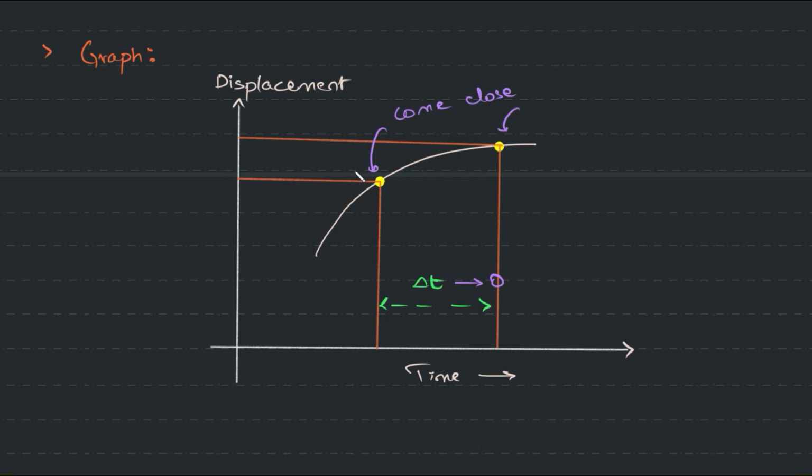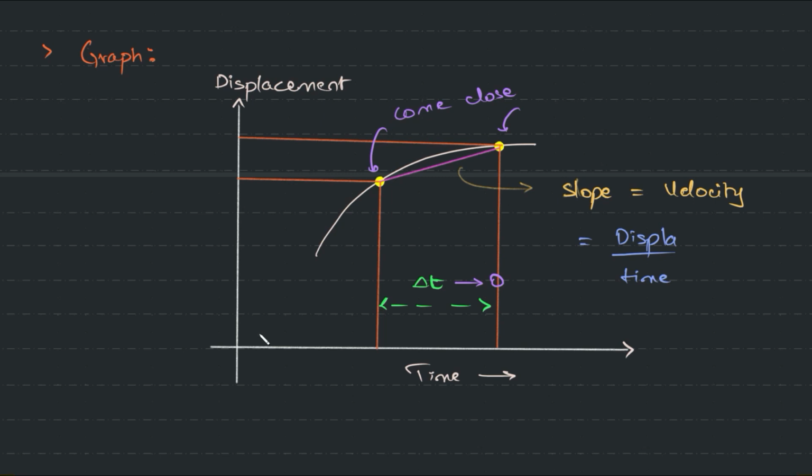Whatever slope we get post this. Remember, the slope of a displacement-time graph will give you velocity, since displacement by time gives you velocity.